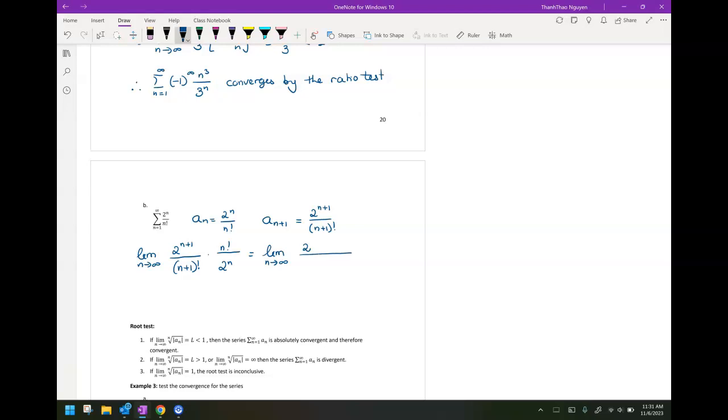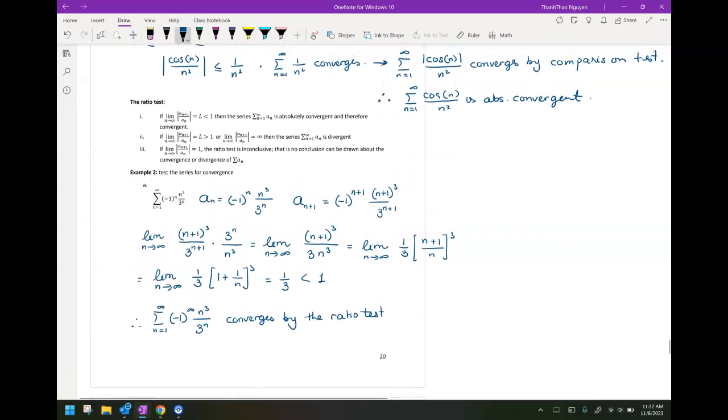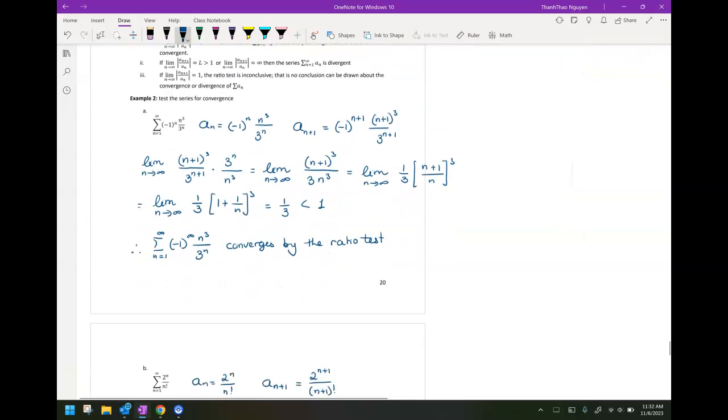Well, n plus 1 factorial is equal to n factorial times n plus 1. So that simplifies out here. Then here I get 2 divided by n plus 1. As n approaches infinity, this approaches 0. And according to our test, this is less than 1.